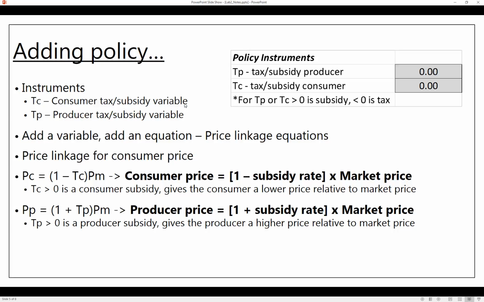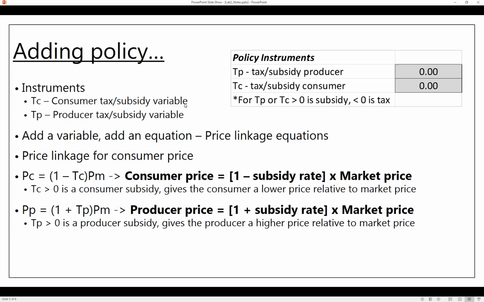Now remember, when we talked in class, for these instruments, you can use one variable, and if it's in a direction that improves the agent, in this case the purchaser, the buyer, or the consumer, if it improves their situation, we call it a subsidy.